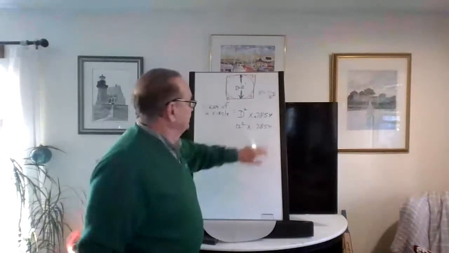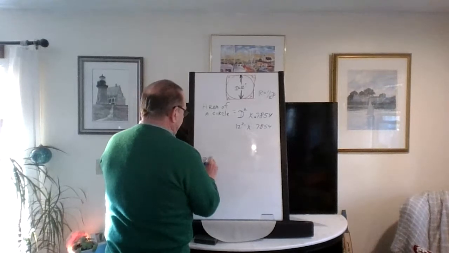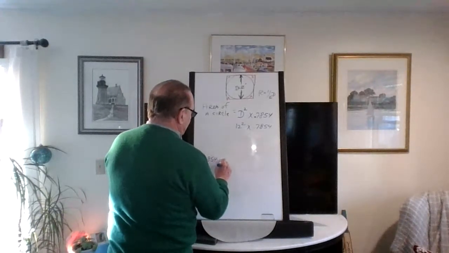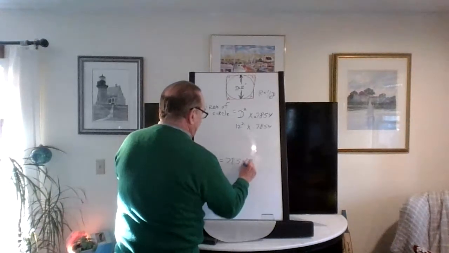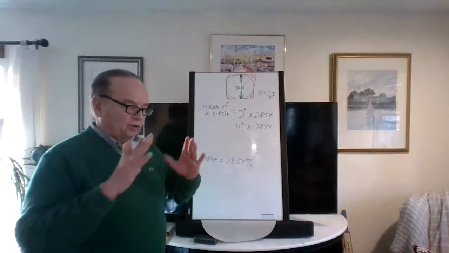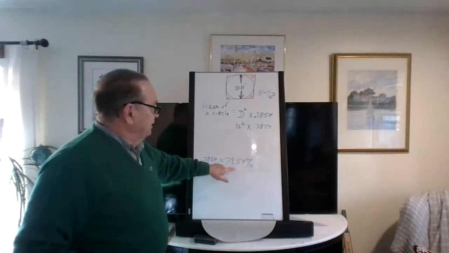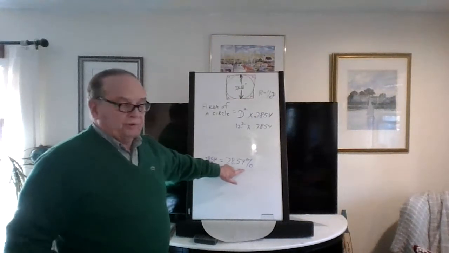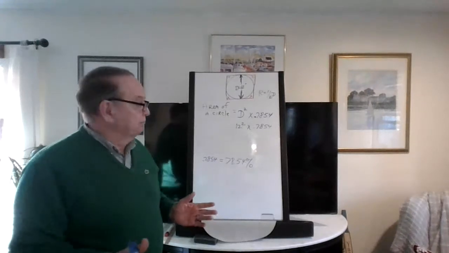What this means, before I go any further with this, 0.7854 equals 78.54%. Okay? So what it means is you've got a square and you want a circle cut out of it. You cut it out. The circle is 78.5%, well, 0.54% of the square.